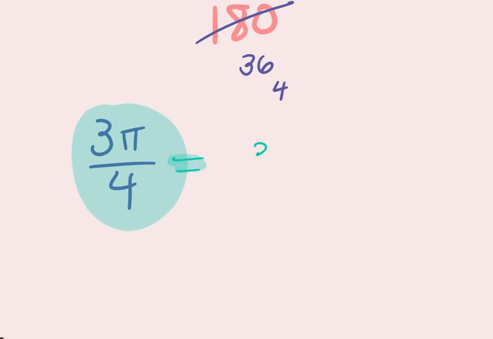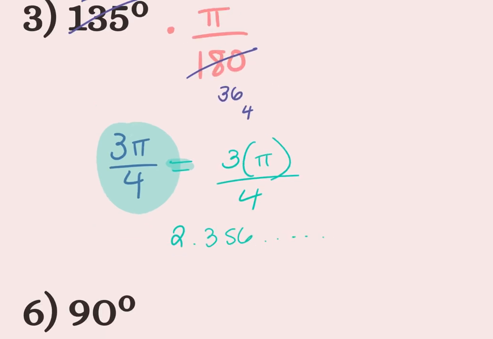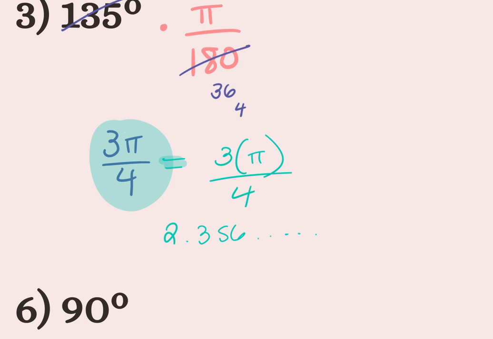In the calculator, I would do 3 times pi, not 3.14, but actually the pi button, divided by 4, and that's 2.356, and so on. So if the homework says, and it's usually with arc length, to round to the nearest 10th or 100th, that's what it means: actually multiply it out.